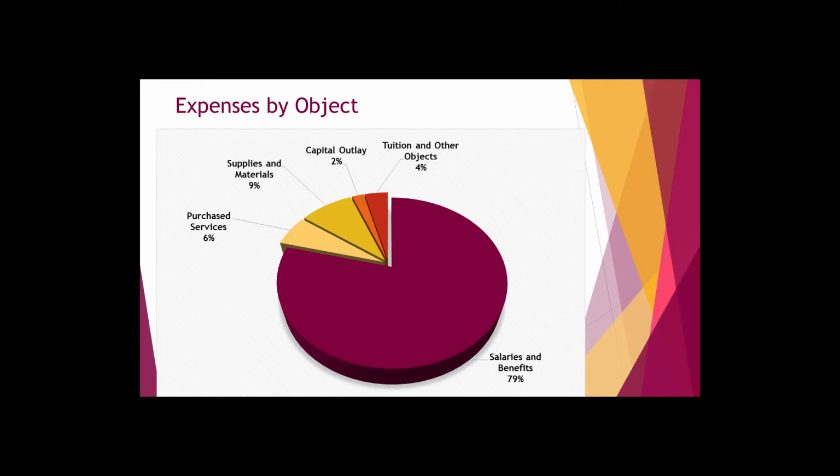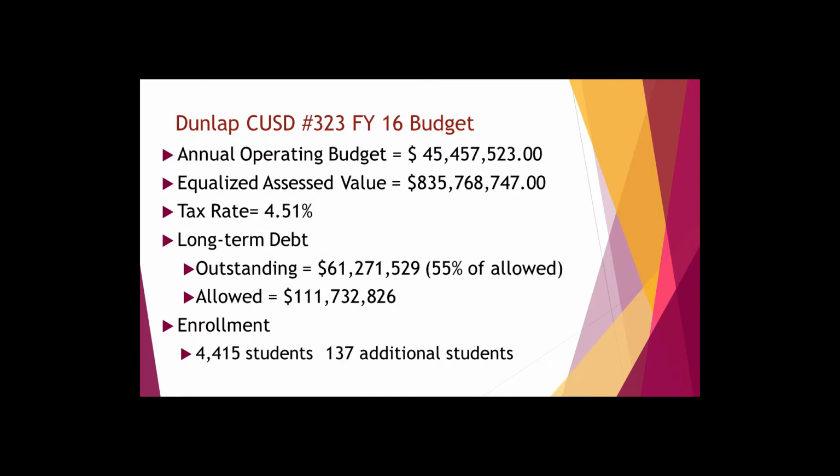A bit of a look at our FY16 budget and where we are at this year. Our annual operating budget in all funds is a little over $45 million. Our equalized assessed value, which is what our property tax revenue is based on, is a little over $835 million. Our tax rate is 4.51%, which is the lowest tax rate in Peoria County.